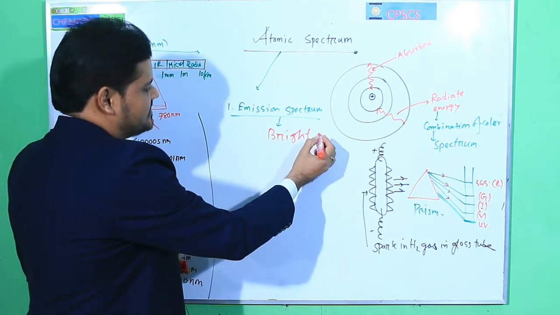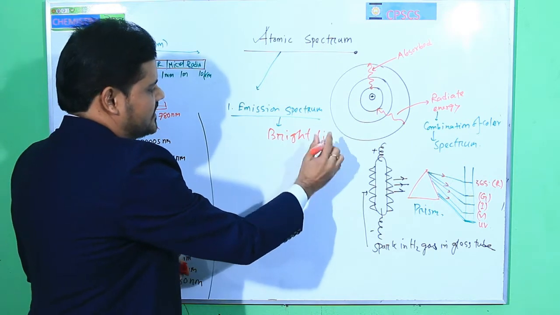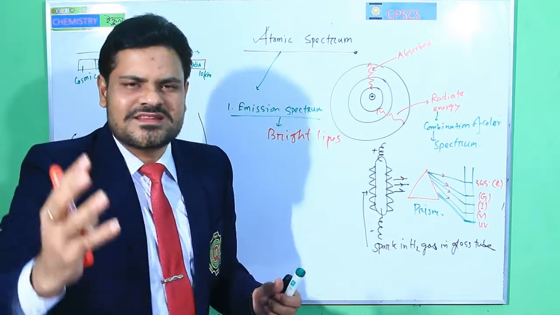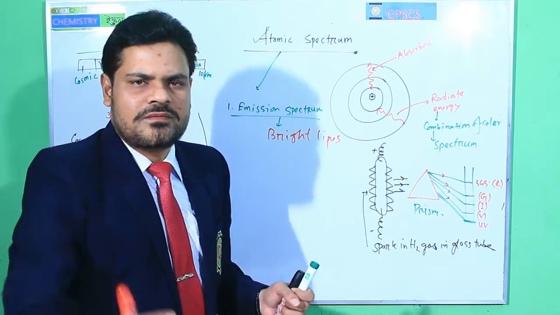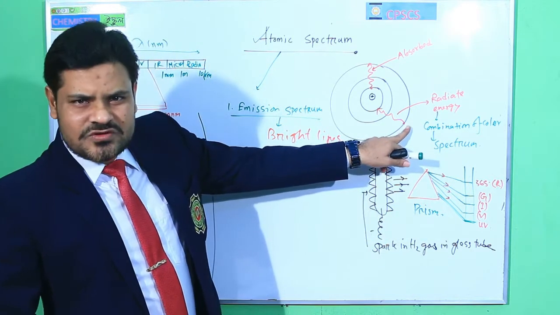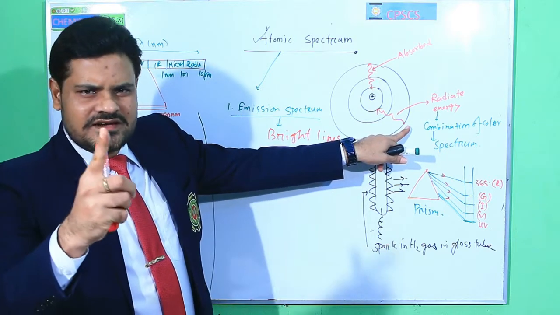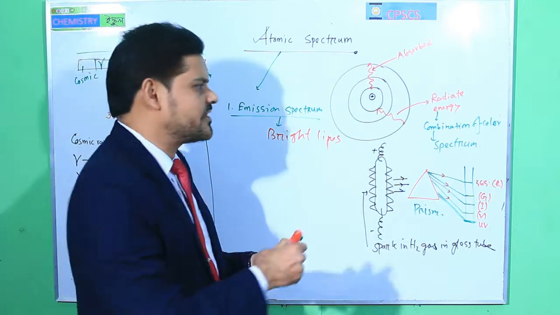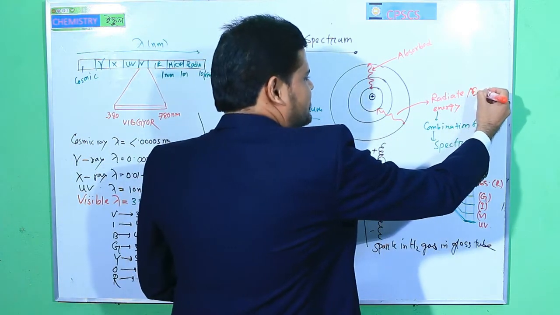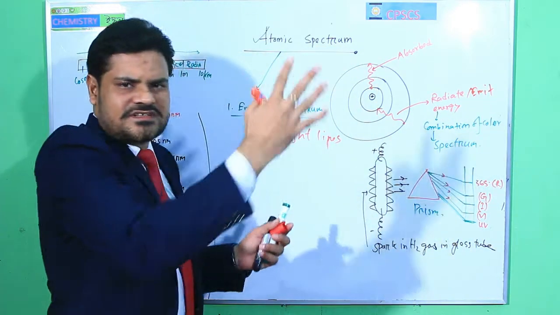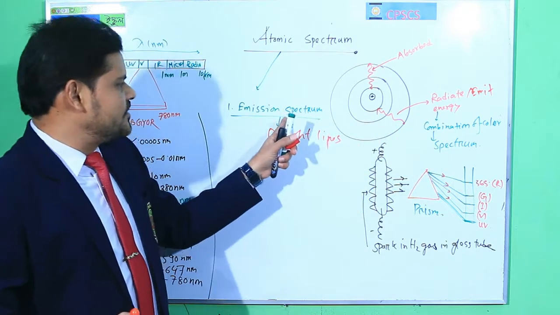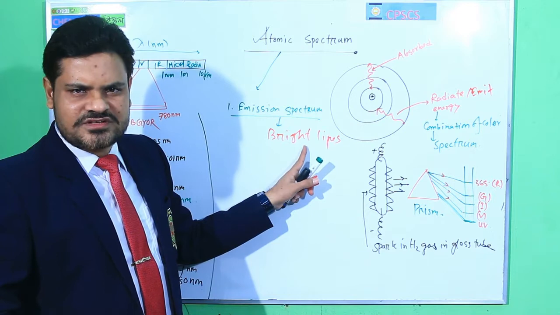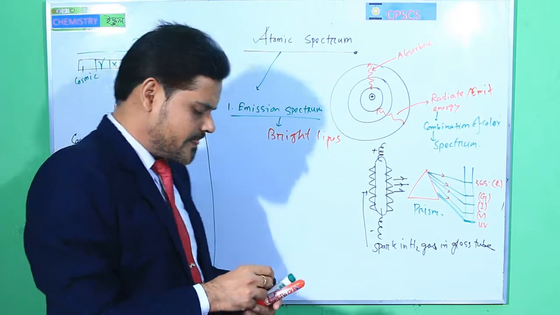Dear learners, the emission spectrum forms when the electron jumps from a higher energy level to a lower energy level, then the electron radiates or emits energy, and the emission spectrum is formed. The emission spectrum creates bright lines in the spectrum series.